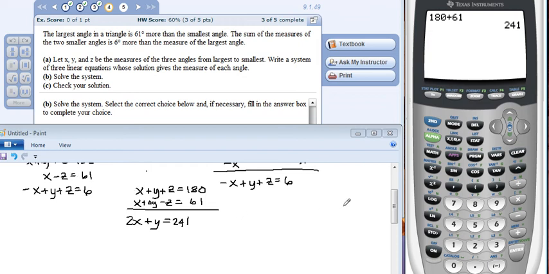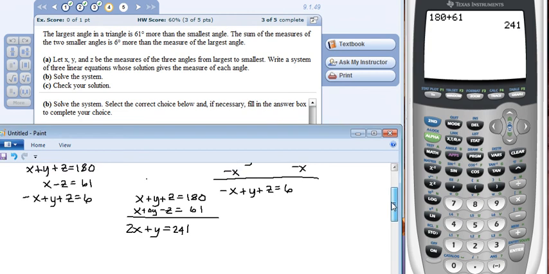Okay, so what I did was I chose this equation and this equation, and I chose to drop my z's. So now I either have to work with this one and this one, or these two and drop my z's. Well, I think I'm going to want to work with these two and drop my z's. Okay, it's a little easier. So I'm going to go over here, and I've got x minus z equals 61.